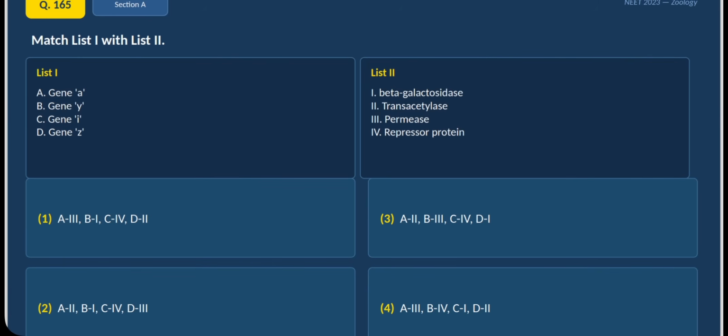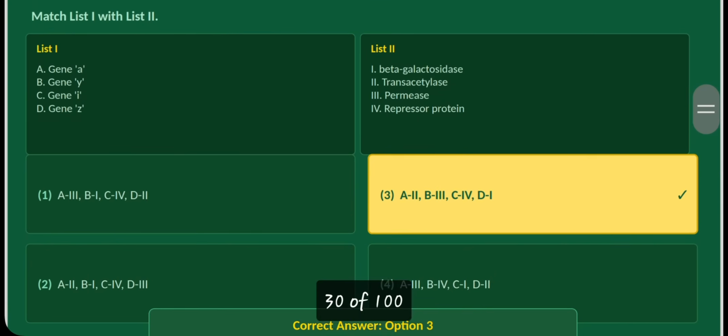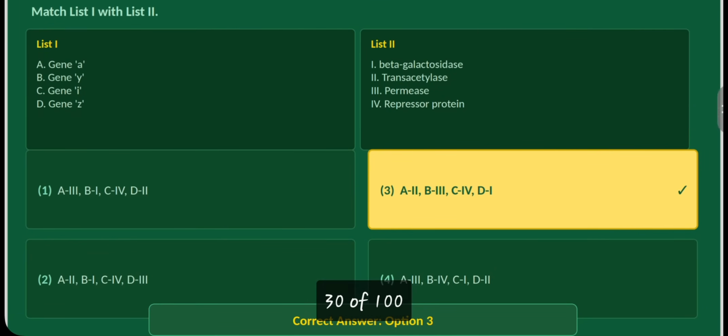Gene A is transacetylase, so A2, wherever it begins, and gene Y is permease, and gene Z is beta galactosidase. Let us look into the answer. A2, gene A is transacetylase, gene Y is B3, permease, gene I is repressor protein, gene Z is beta galactosidase, that is D1. So the third option is correct for this.